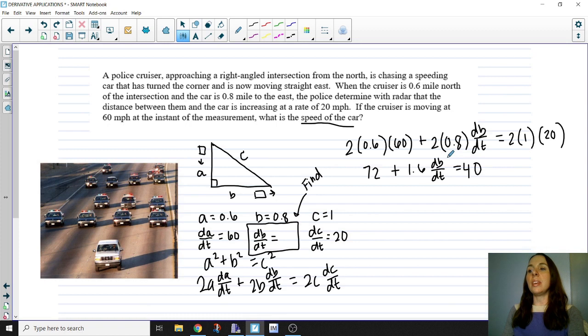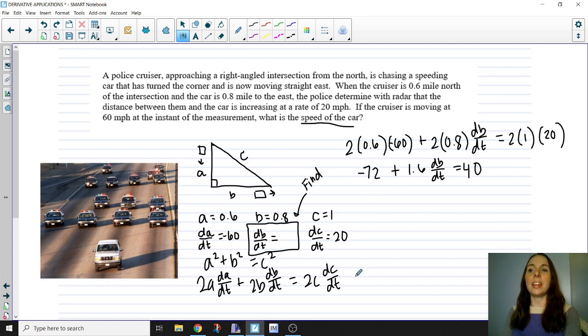There's one little thing that you need to keep in mind, and that is the direction of the change, right? If this cruiser is moving toward the intersection, that means that the value of A is decreasing. And so you need to interpret that rate as negative. We need to look at this 60 miles per hour as negative.